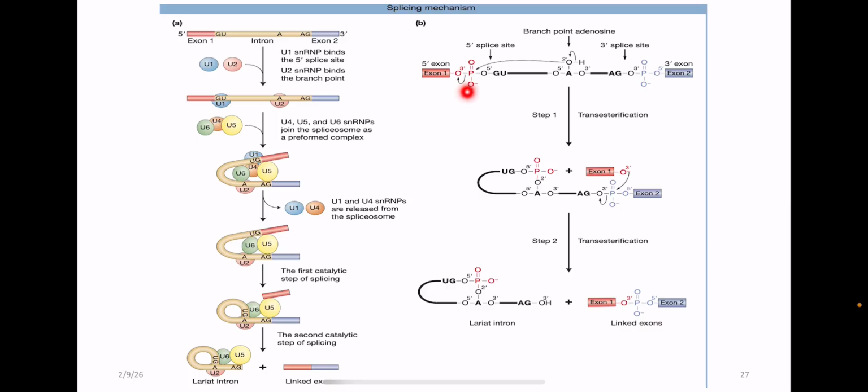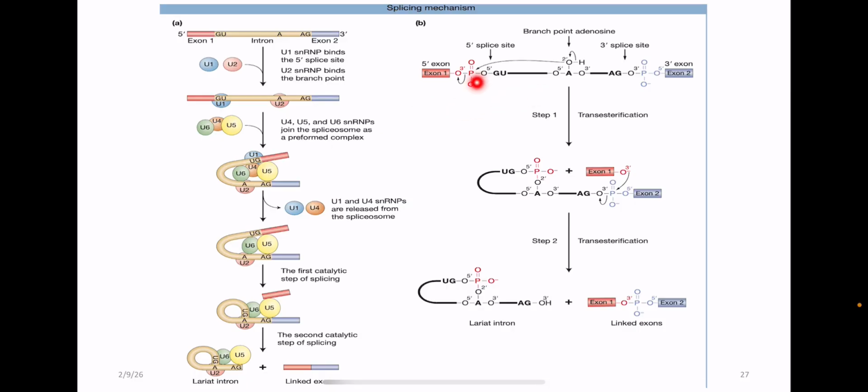You cleave it at this end, and the exon will have an O, but this time around the phosphate, instead of having 4 O's, will have 3 O's bound to it. The exon will be given an H because the O will make it reactive, so it will be exon 1 and OH.